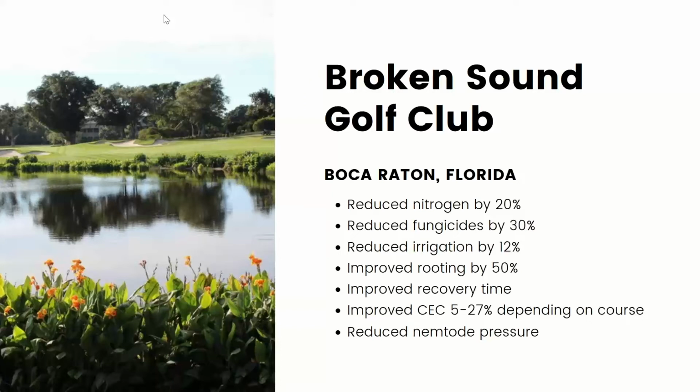But if you figure in, they reduce their nitrogen by 20%. Okay, great. But reducing your nitrogen by 20% at the same time that you're reducing your irrigation by 12% and improving the recovery time and improving the rooting, there's obviously a lot of benefit there. It's not just the reduction, but it's also the improvement at the same time.